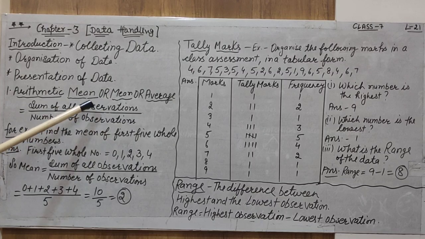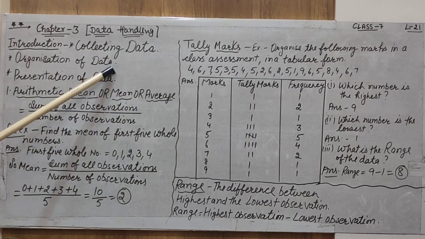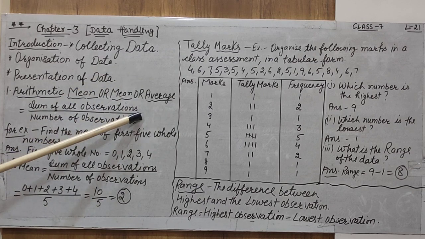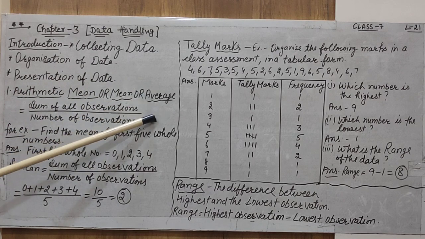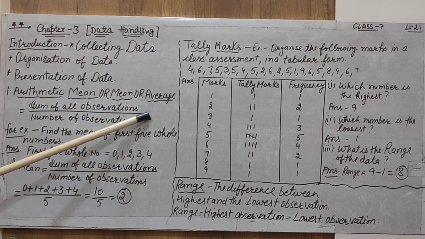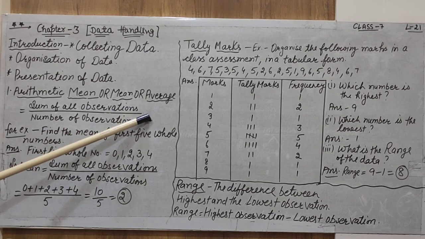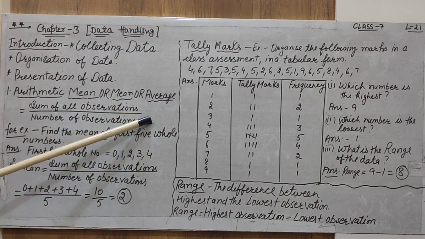No. When the data is collected, then observations come. When the observations or numbers are given, they are related to the same quantity, the same quality. That is, when height is given, then all the heights are given. If marks are given, then the marks of all the students of a class are given.